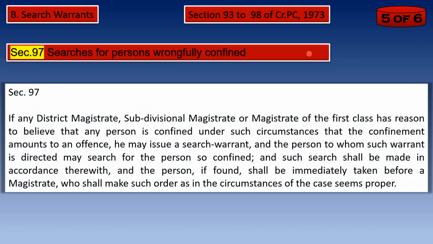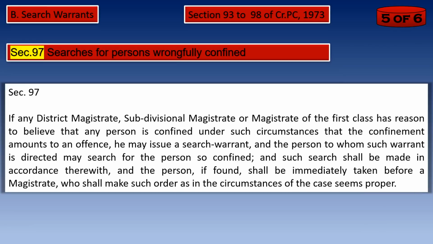Section 97 says if any district magistrate, subdivisional magistrate or magistrate of the first class has reason to believe that any person is confined under such circumstances that the confinement amounts to an offense, he may issue a search warrant, and the person to whom such warrant is directed may search for the person so confined, and such search shall be made in accordance therewith, and the person, if found, shall be immediately taken before a magistrate who shall make such order as in the circumstances of the case seems proper.